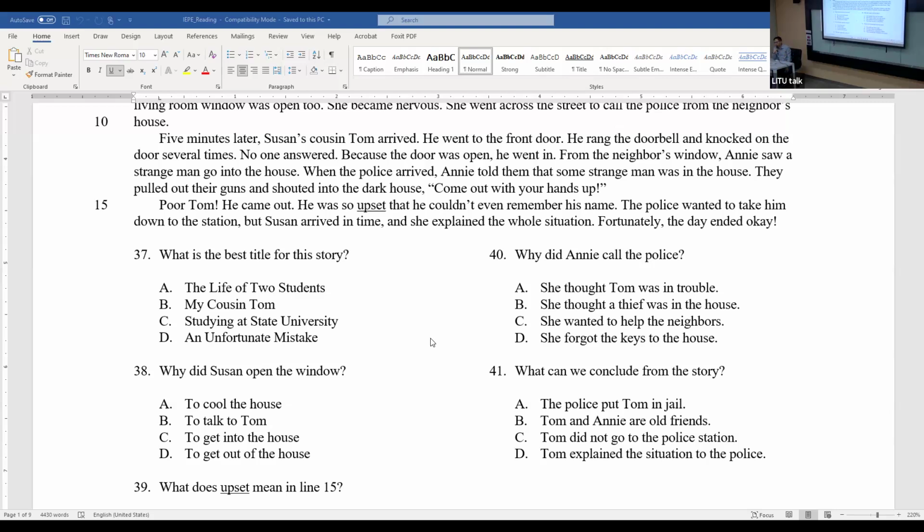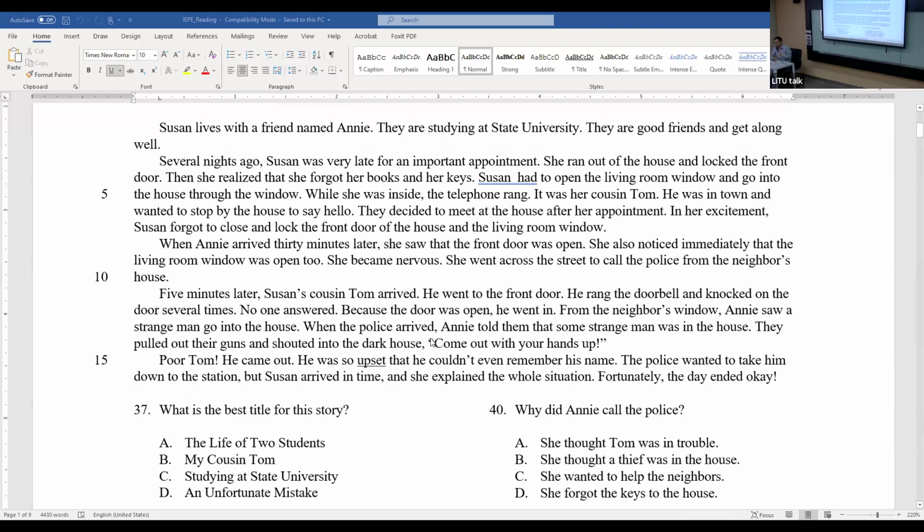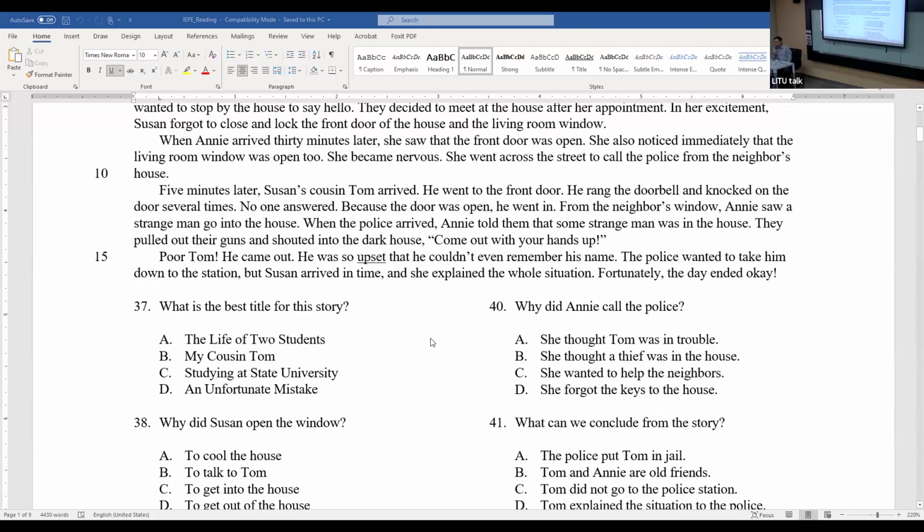Best title. What do you think? What's the answer, by the way? Is it My Cousin Tom or Unfortunate Mistake? I think Unfortunate Mistake, right? So can an A2 student, if you're marginal, get this item correct?